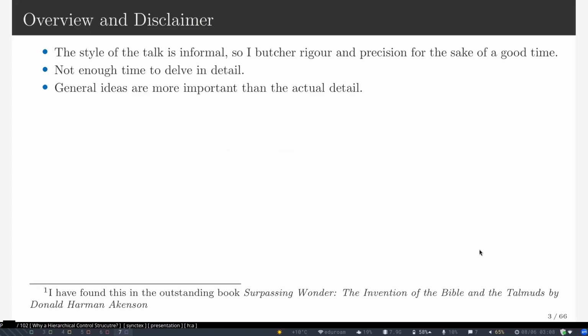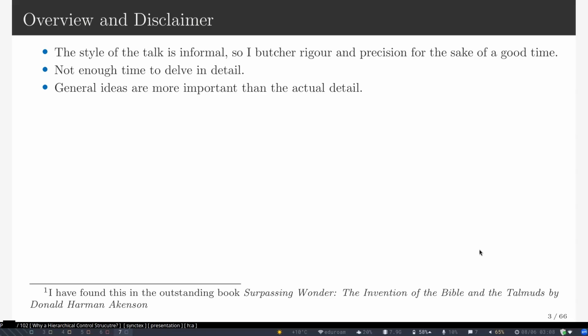All right. There are a bunch of disclaimers as well. The start of the talk is informal. It's not a rigorous talk. So I overload variables. I wave my hand to make the difficulties disappear whenever I want.